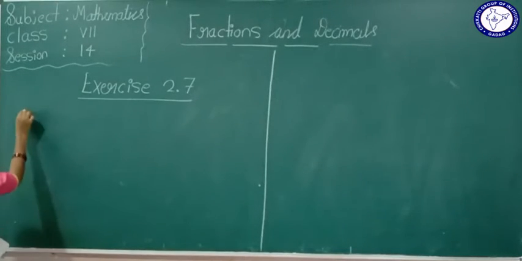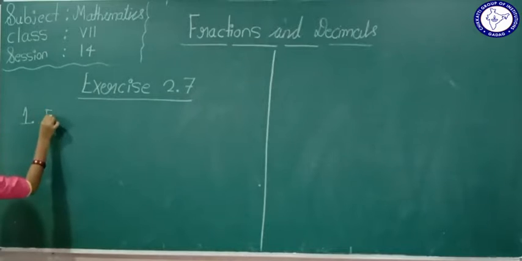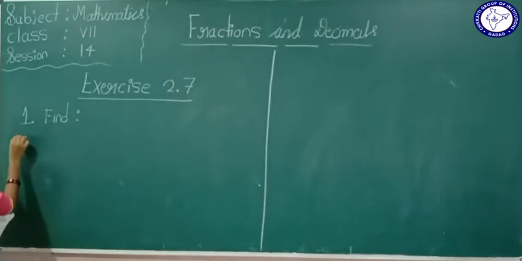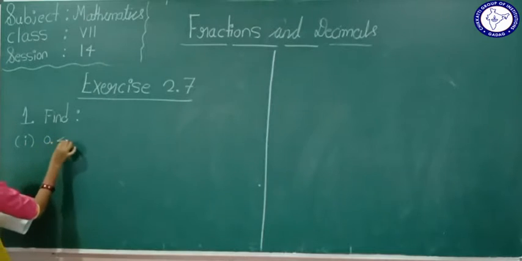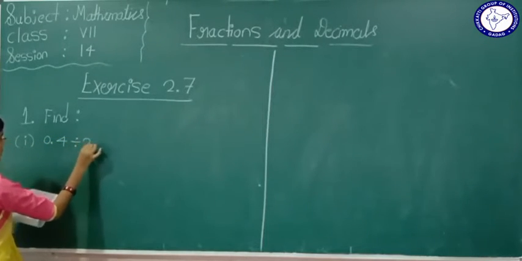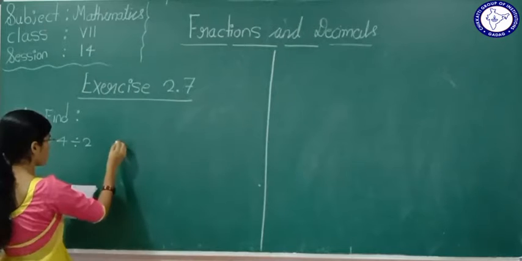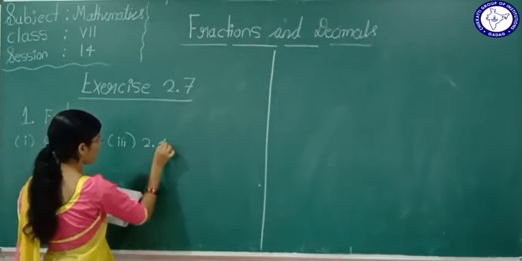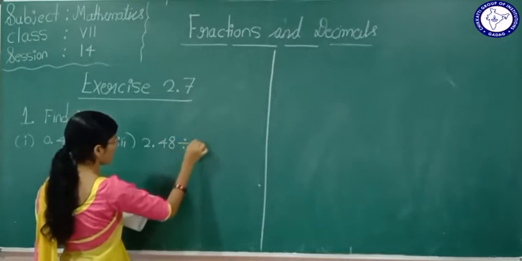Now see here, first one, find 0.4 divided by 2. Say third one, 2.48 divided by 4.